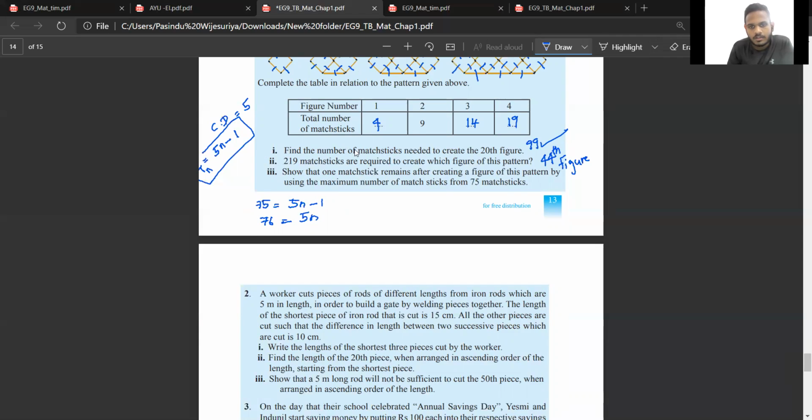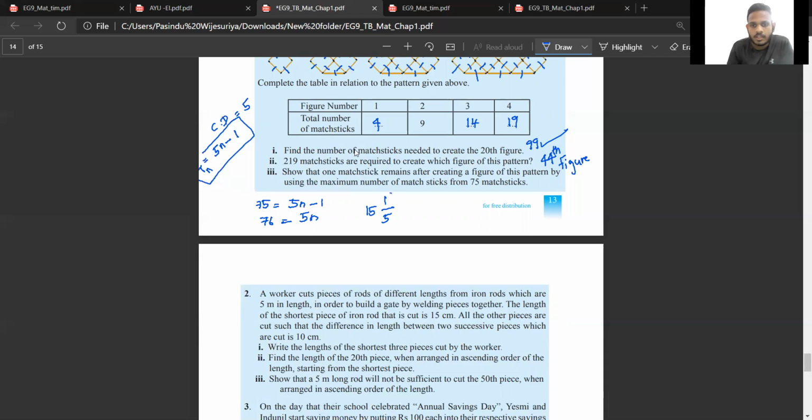So when you divide 76 by 5, how many 5s are there? It's 10 times 5 is 50, that's 15. 15 with remainder 1 over 5.